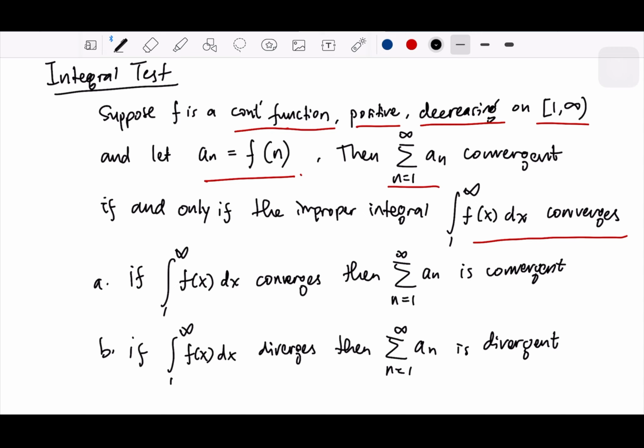And again, decreasing here doesn't mean that it's always decreasing. But in terms of the interval, the majority will be decreasing. Maybe sometimes it's increasing a little bit and then decreases. Still okay, because ultimately it will be decreasing, or the majority of the interval is decreasing.